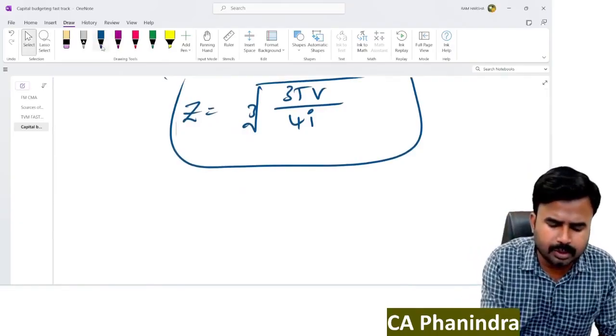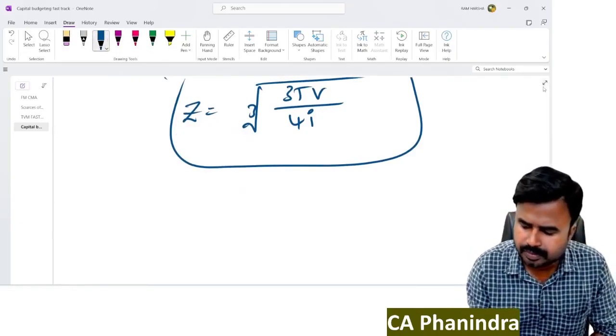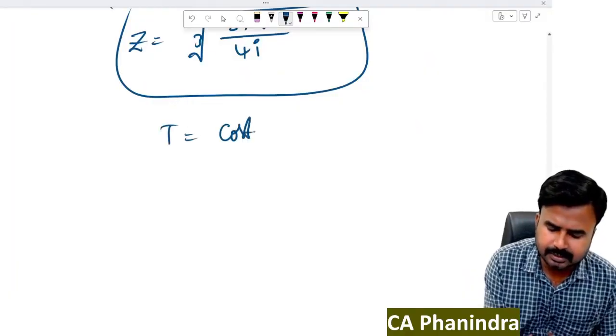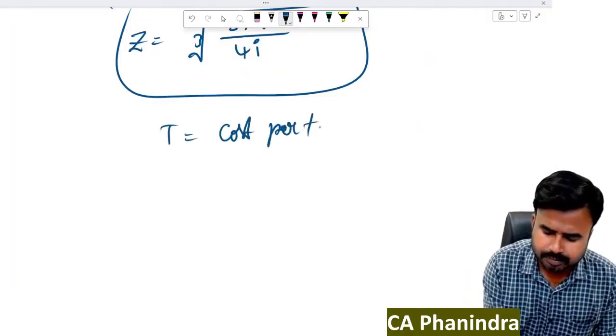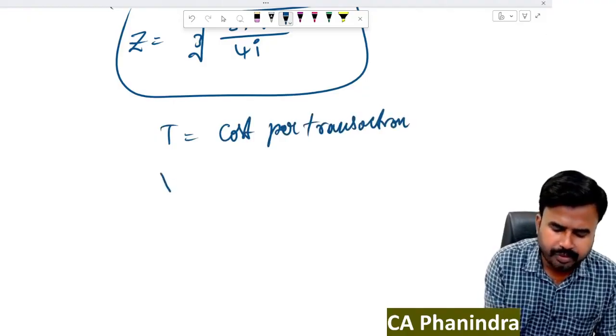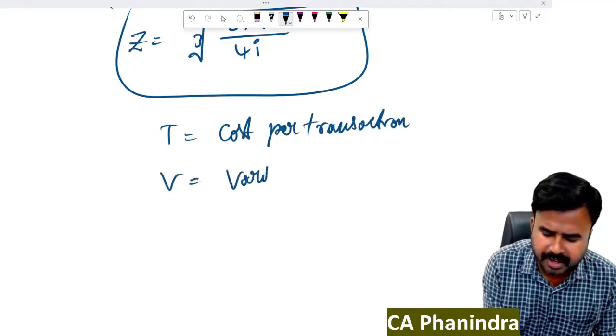But T is equal to cost per transaction. V is equal to variance of daily cash flows.